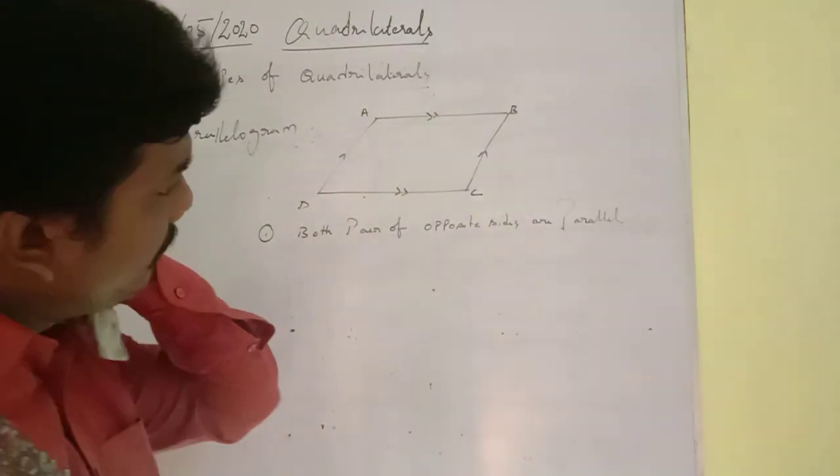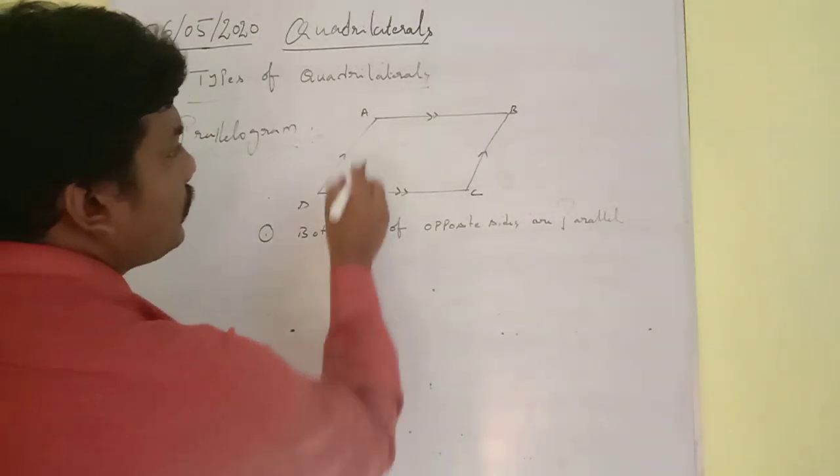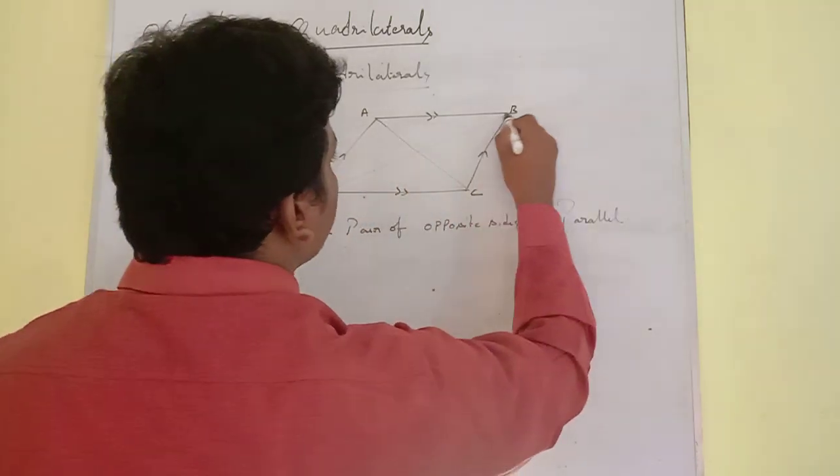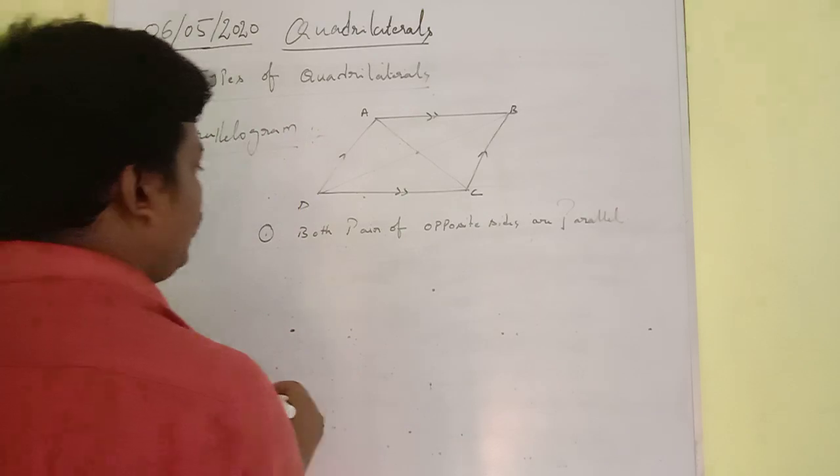Next, coming to this one, the diagonals are bisecting each other. Both diagonals are bisecting each other. That is the second point: the diagonals bisect each other.